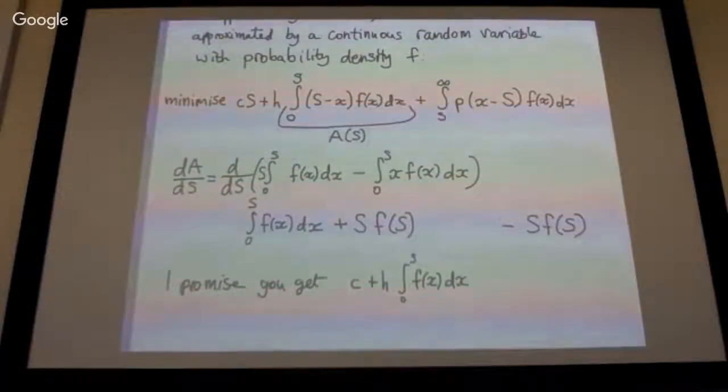And the second one, I don't believe. You get something like minus h times some integral of f(x) dx, but I don't quite trust my notes.